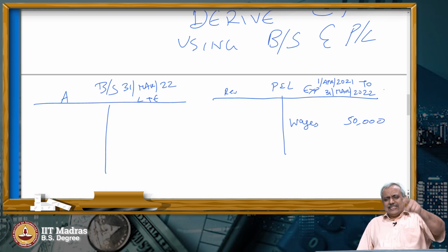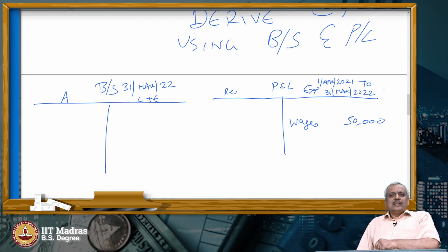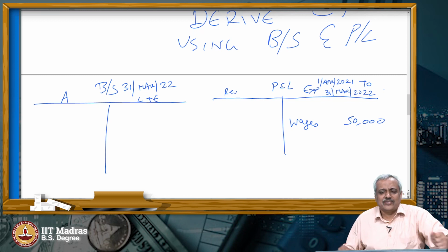So only expenditures pertaining to the period will be recorded in the P&L. If it has not been paid, it will appear in the liability side of the balance sheet.